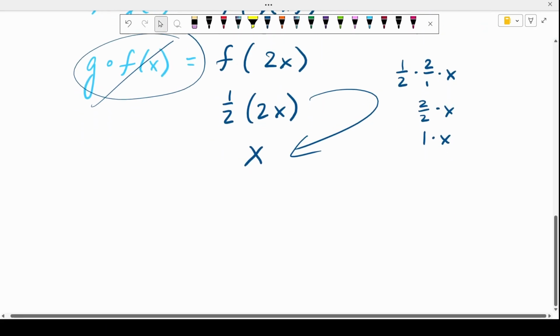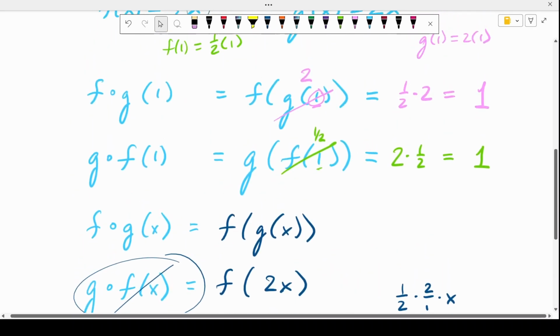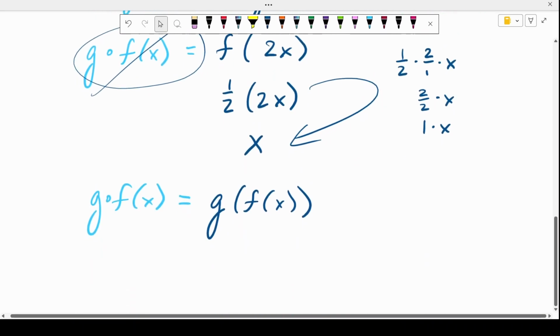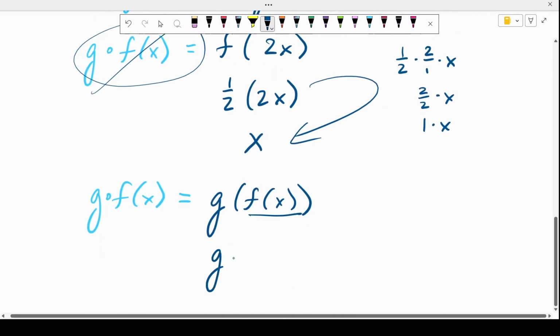Now let me do g of f of x. g of f of x, well, f of x is 1/2 x. So this here is 1/2 x. So I need g of 1/2 x.